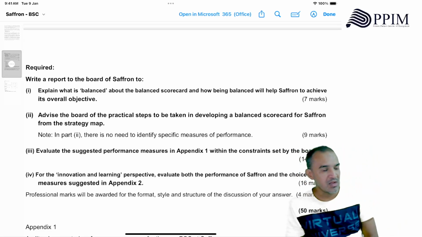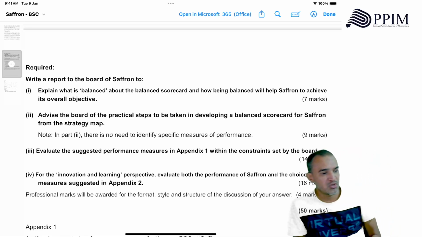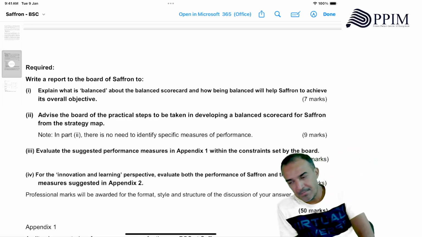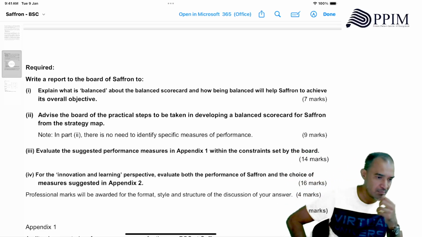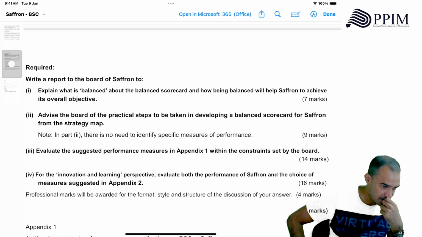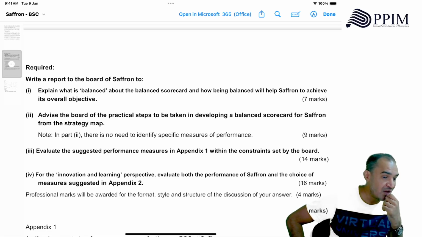Being balanced would mean the business focusing on both short-term profitability and long-term value generation.